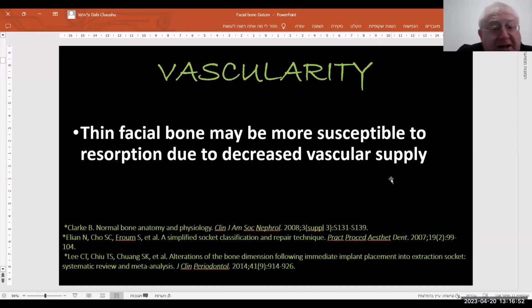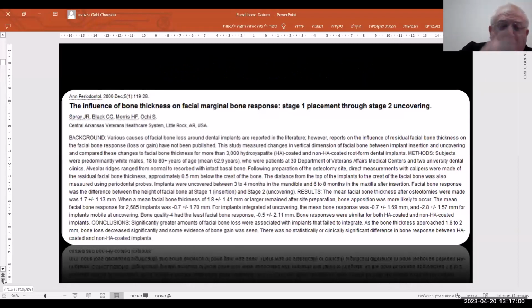So that's why we need some thickness to keep this bone alive for a long time. If we try to look at database articles that we have, this is actually the only and most extensive study that exists in the literature. It was published already in the year 2000 by Spray and colleagues.